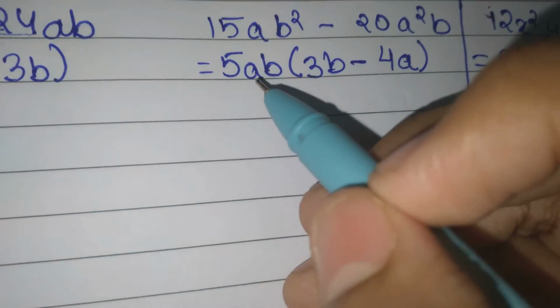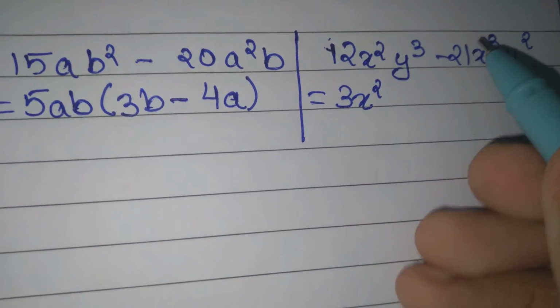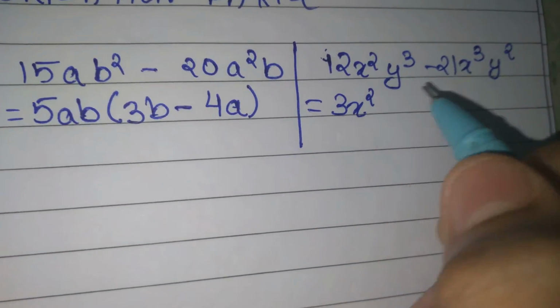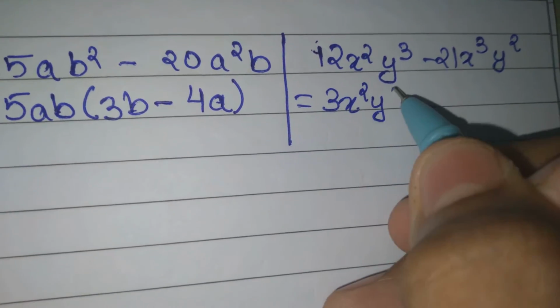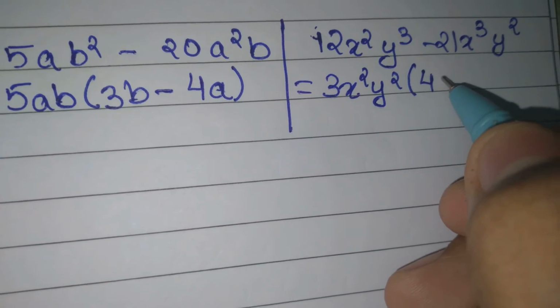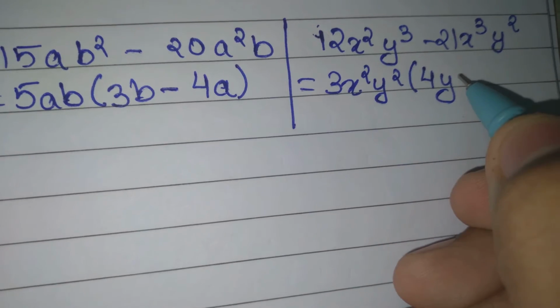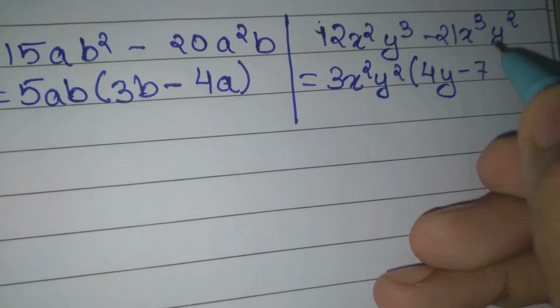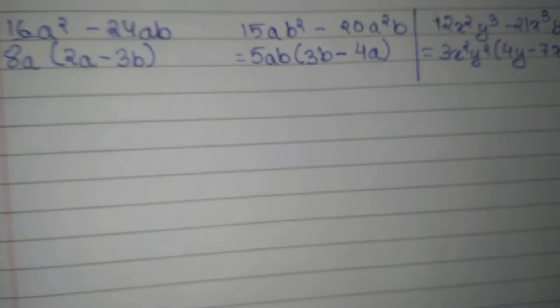Here we took a and b, but in this case the least power is x squared, so I will take x squared, not x. And again we will take y squared from here. So we will take this, and then 4. x squared and x squared will get cancelled out, and then 4y minus 7x. So we are done.